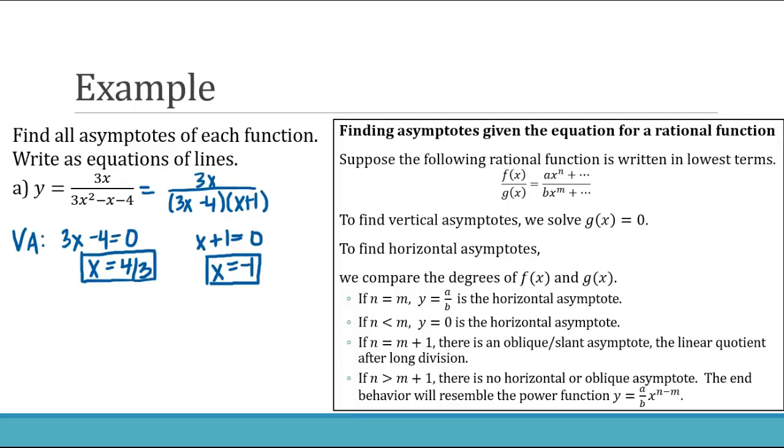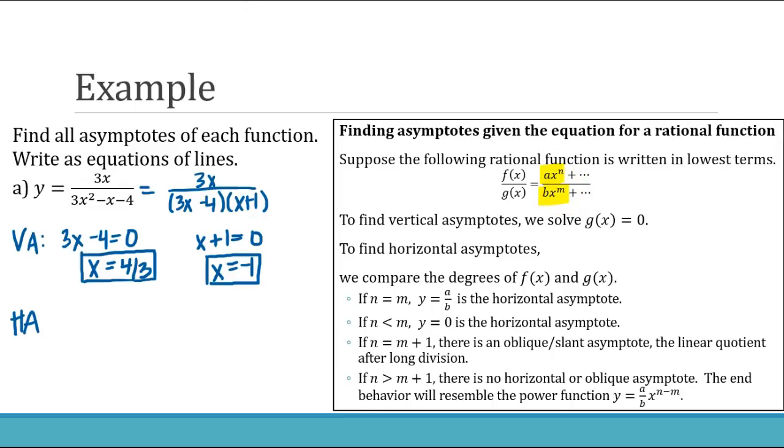So now what we're going to do is try to find any horizontal asymptotes or slant asymptotes. So to find horizontal asymptotes, we compare the degrees of f of x and g of x. So the degree meaning compare the highest power of x in the numerator to the highest power of x in the denominator.